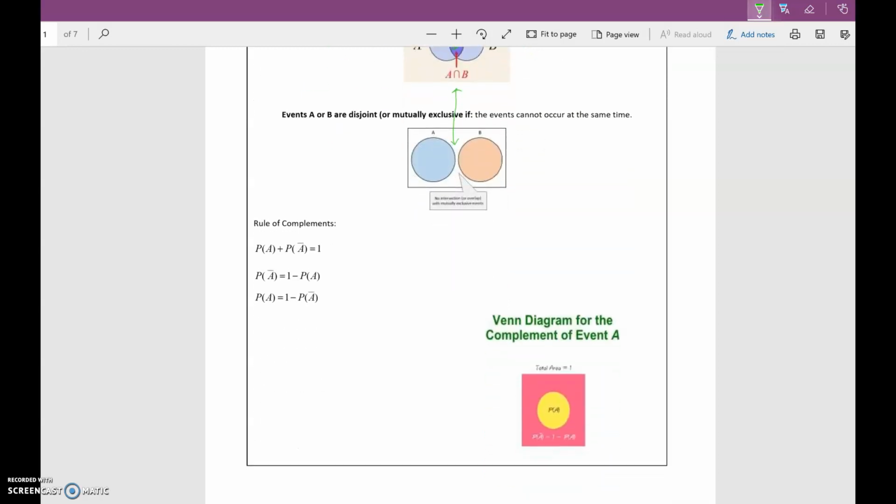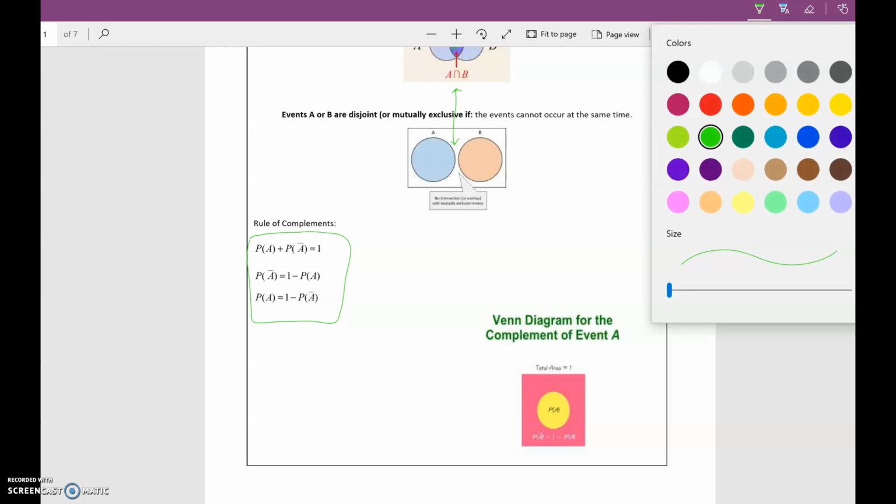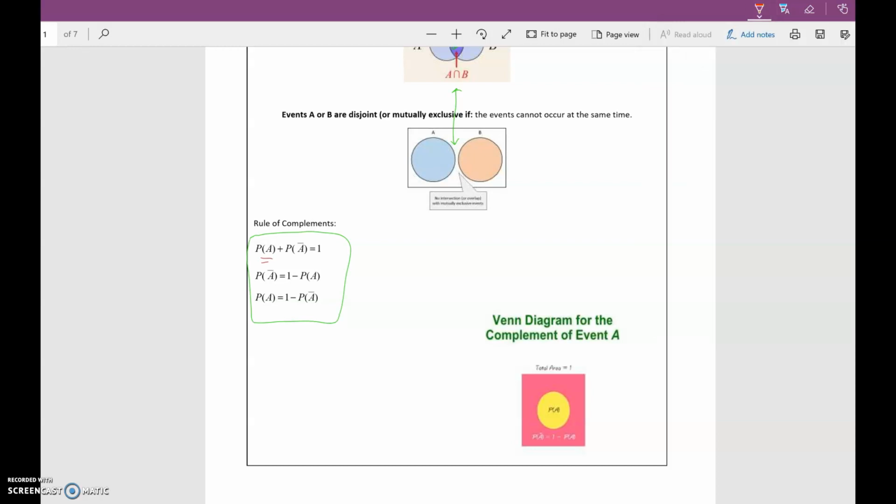The wording is a little bit confusing on some of these events. You're looking at rules of complements, and basically you view it as follows: the probability that the event occurs plus the probability that it doesn't occur is equal to 1, or 100%. Depending on how they're viewing it, some problems may word it as 100%.